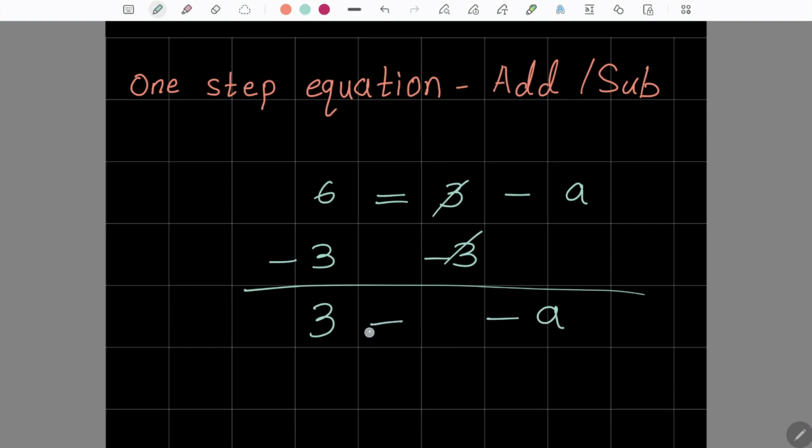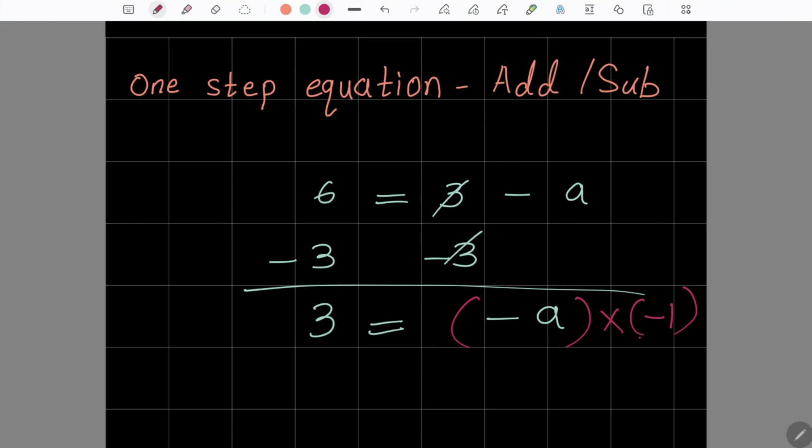We have minus a. Now can you think how to make this negative a positive a by doing something to both sides? Think. You can multiply this negative a by a negative 1.